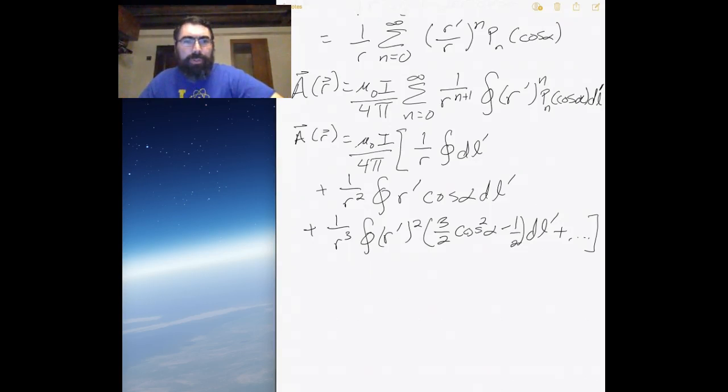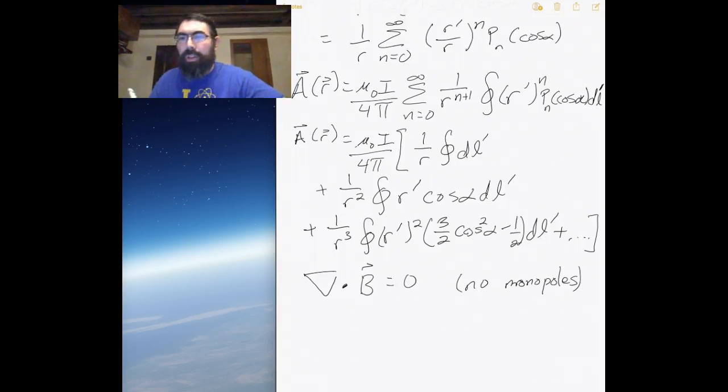Now if you remember that the divergence of the magnetic field is 0, so there are no monopoles. So I don't have the case of a single charge. There is no single magnetic charge.